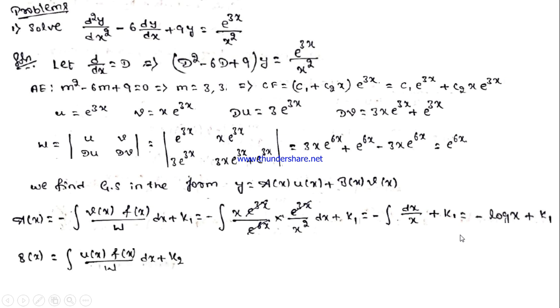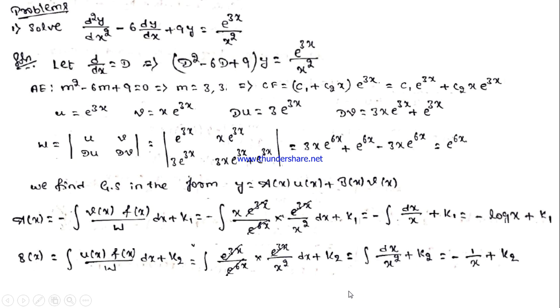B is given by integration of u f of x by w dx plus k2. U is this function, f of x is e power 3x by x square, and w is e power 6x. So if I substitute them, we will get 1 by x square, and integration of 1 by x square is minus 1 by x plus k2.